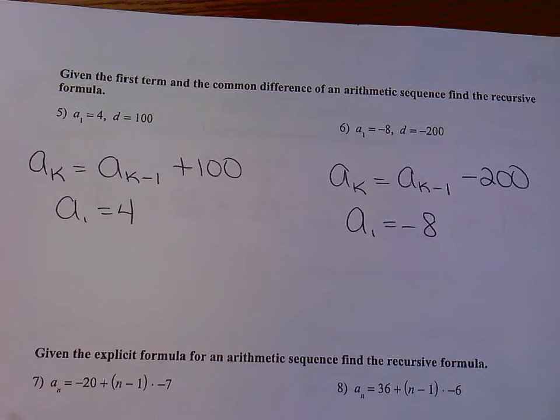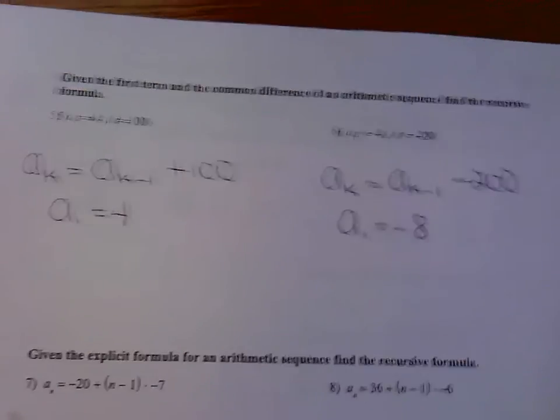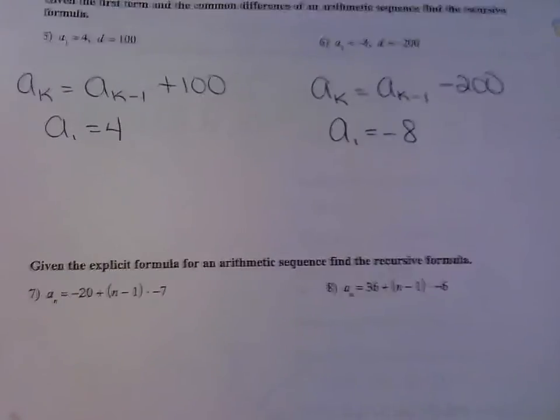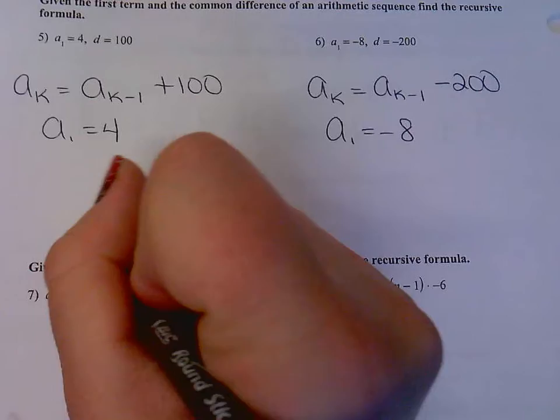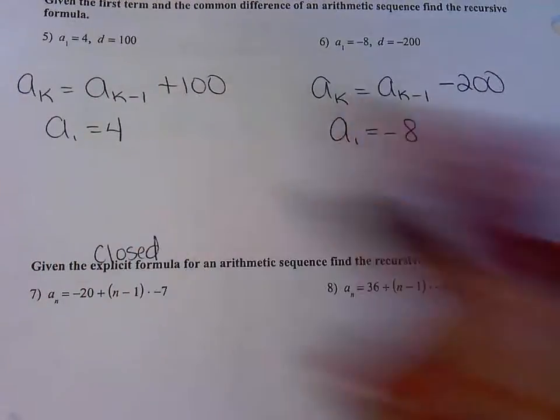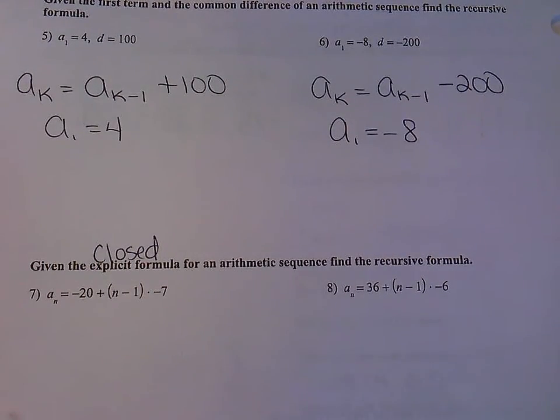All right, so I'm just going to let my video record the answers to 5 and 6. Then we're going to try 7 and 8. In 7 and 8, it says, given the explicit formula, that just means closed. Closed just means you can put in n and generate the terms.